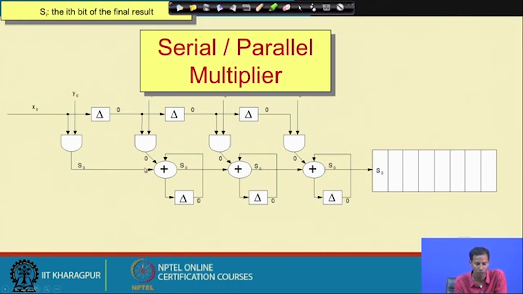Initially they will produce this, as these blocks are the delay blocks, right.